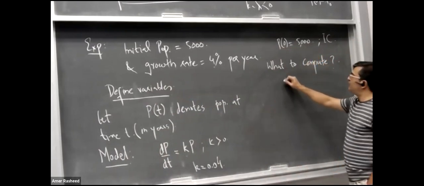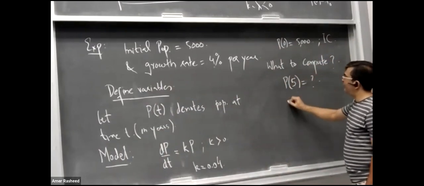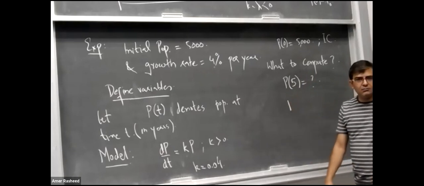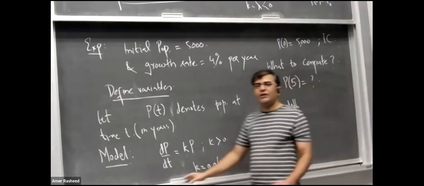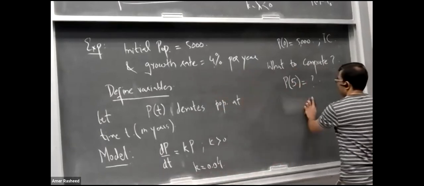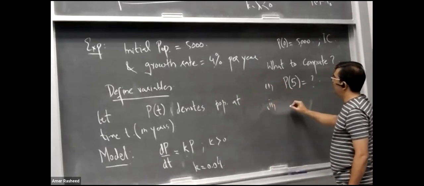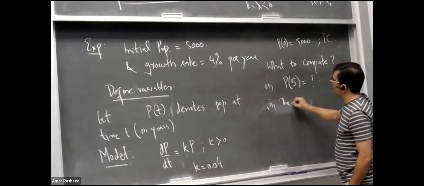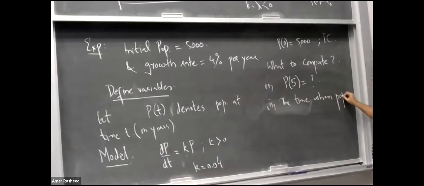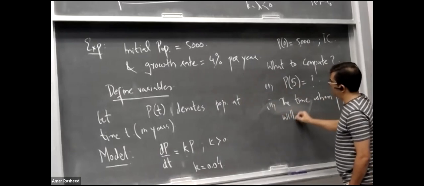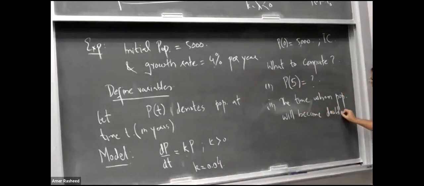What to compute? Population after 5 years, means population at 5, and when the population is double. Okay, we need to compute the time when the population will become double.